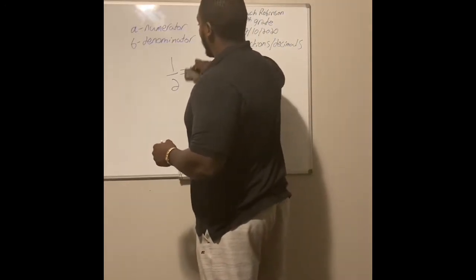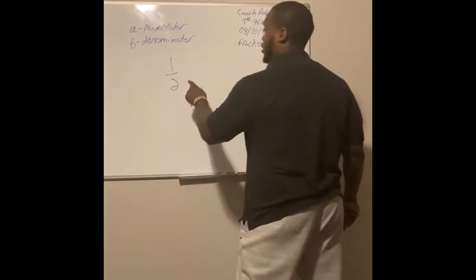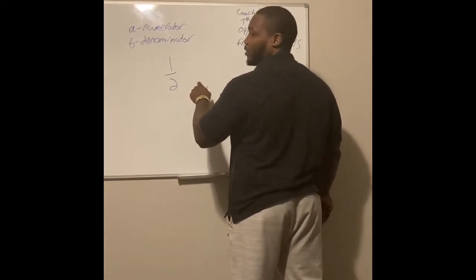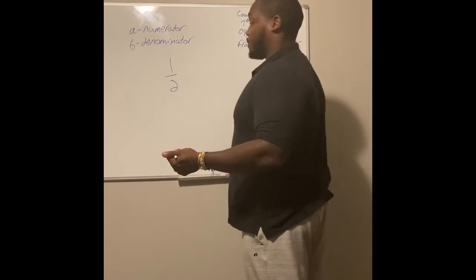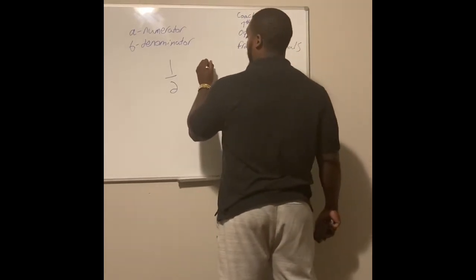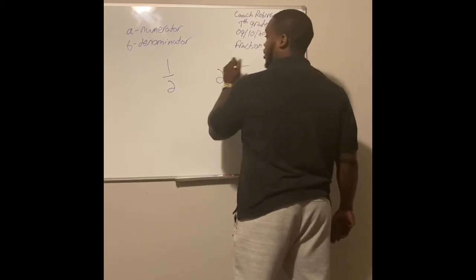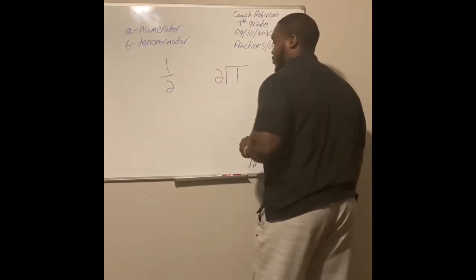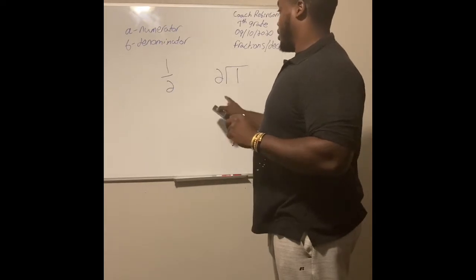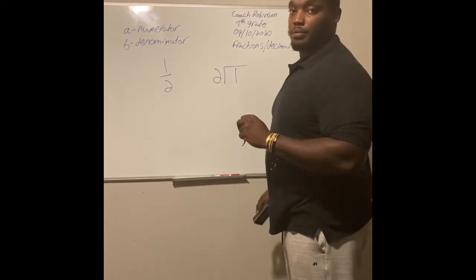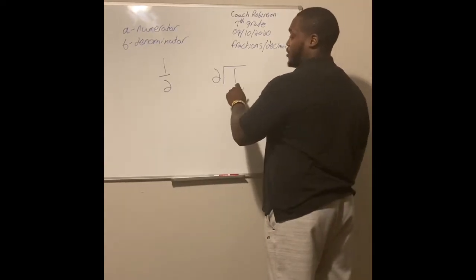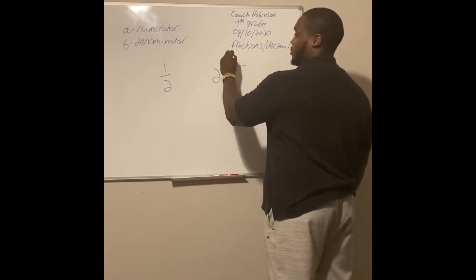So what you want to do is write 1 over 2 in a division form, okay? So you want to make your denominator your divisor and your numerator the dividend, okay? You can't divide 2 into 1, right? So since I can't divide 2 into 1, I have to add a 0 here.